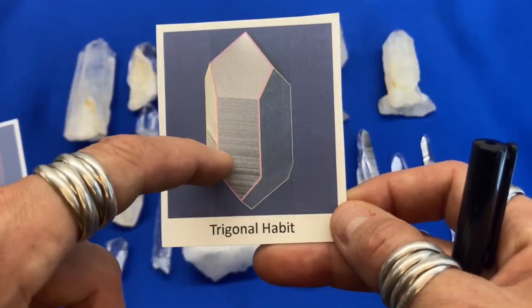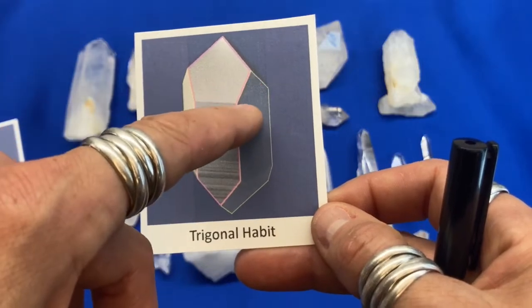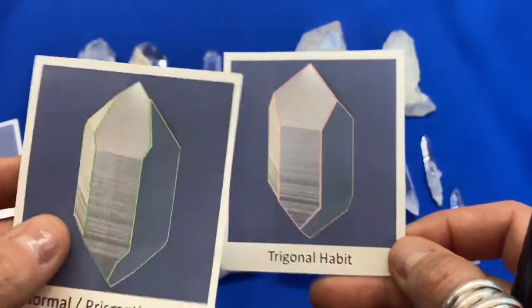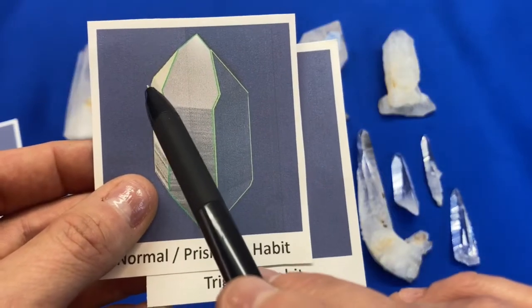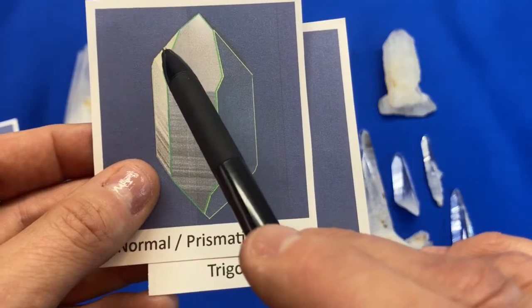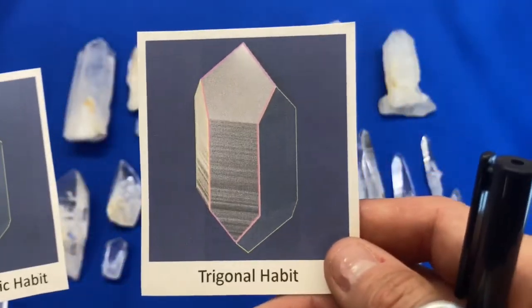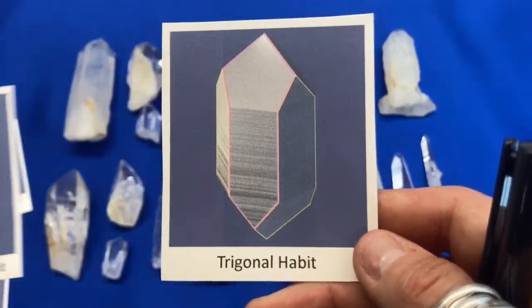And rising up on the sides here, you have sides that come to a triangular top. Here, the sides come up to a flat edge, and then the triangle comes toward the point. So that is the primary difference between the normal prismatic habit and the trigonal.